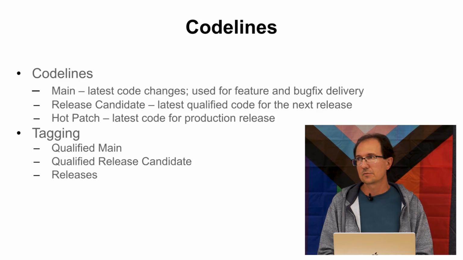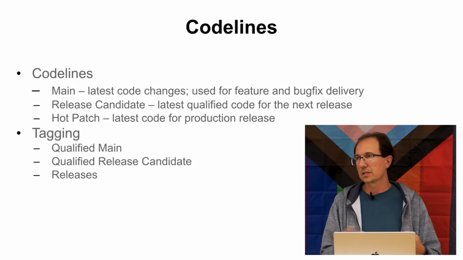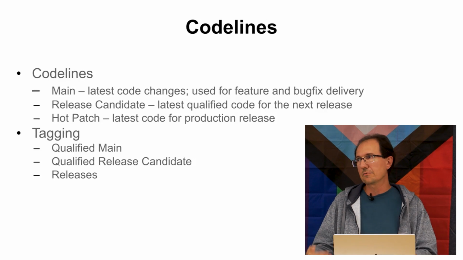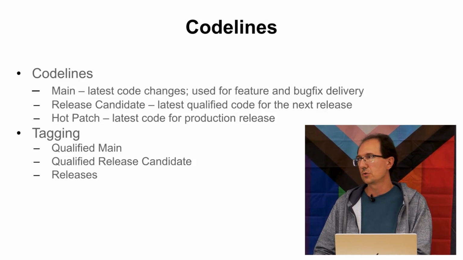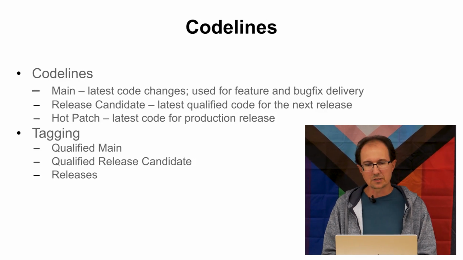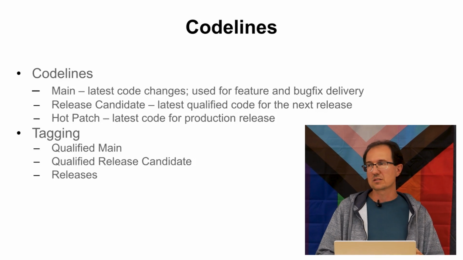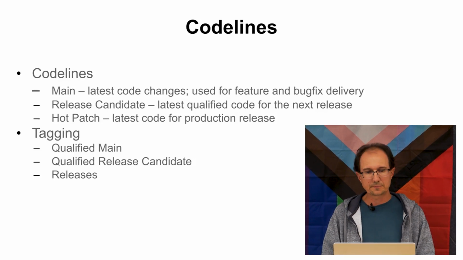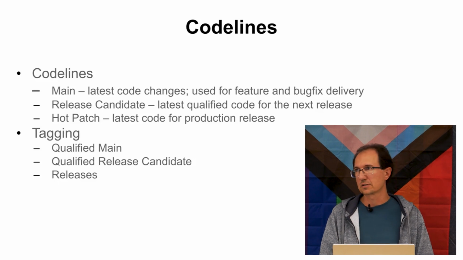Once the time comes that we are about to release, we create a release candidate, and again, that is something that is supposed to be used and tested before we release. And then we have the hot patch, which represents the actual source code that we are releasing. And of course, we even use tags to qualify whether a certain feature or code line is ready to be used in the next stage.